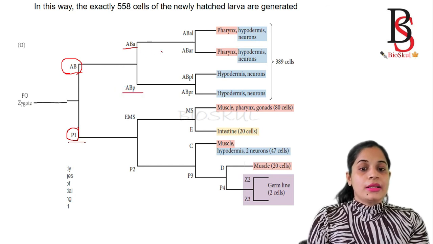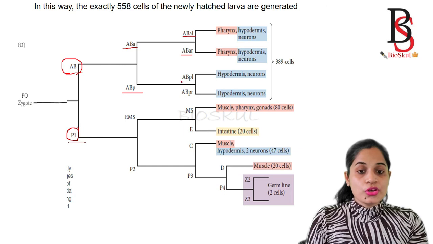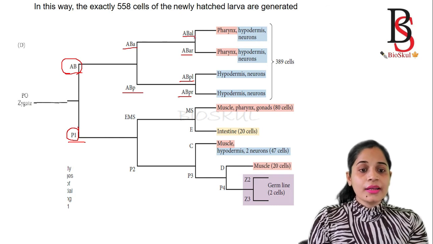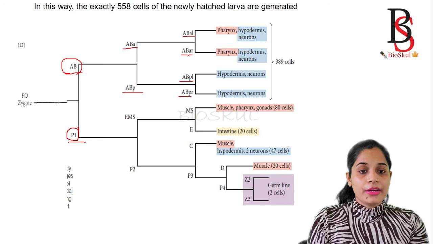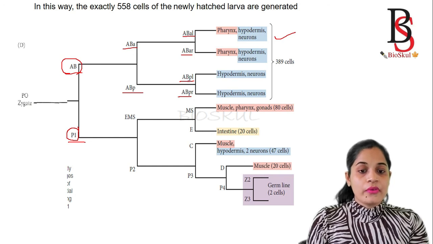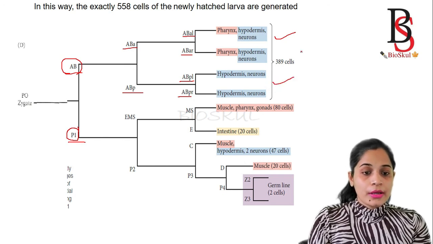Again, these divide into AB anterior left, AB anterior right, AB posterior left and AB posterior right. The AB anterior left or AB anterior right cells produce the pharynx, hypodermis as well as the neurons, whereas the AB posterior left and AB posterior right cells produce only the hypodermis and the neuron cells.